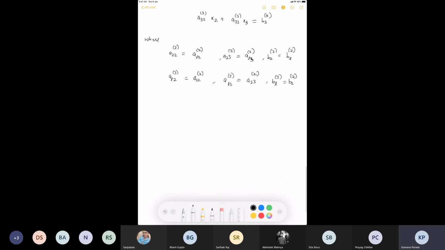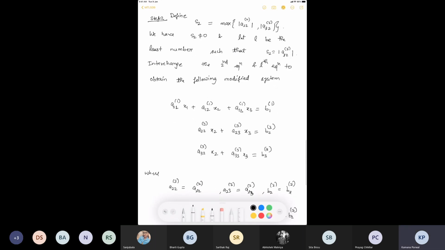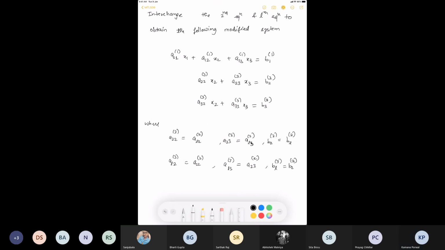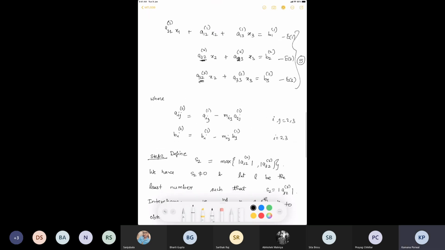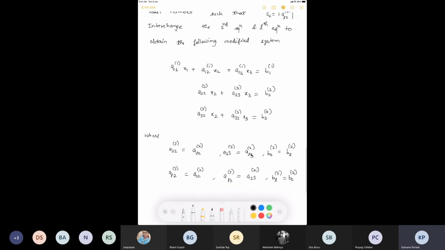So after this step, let's number these equations again. This is system 6, and I'm naming the equations E1, E2, E3 again.